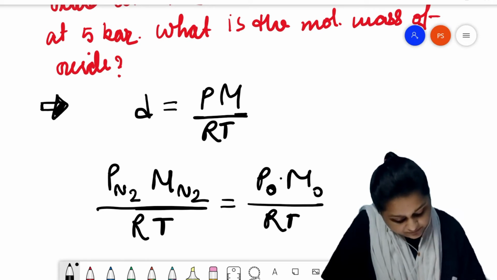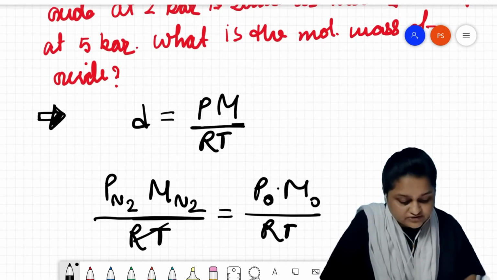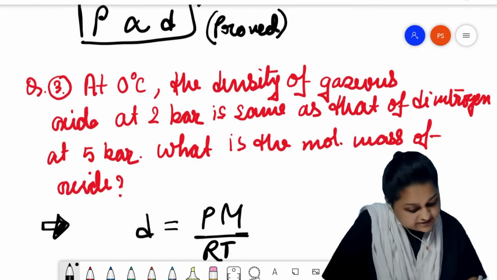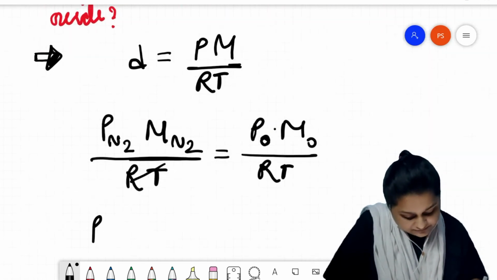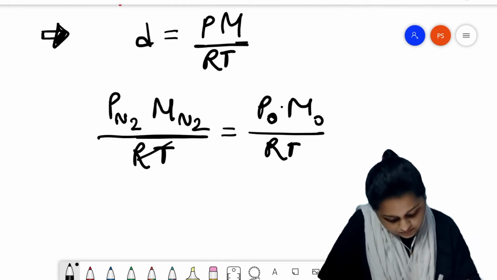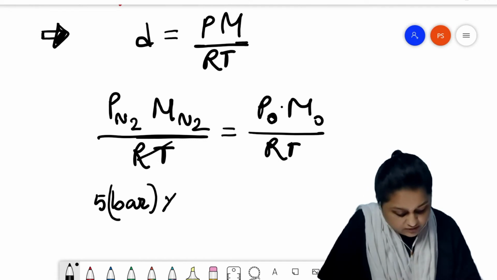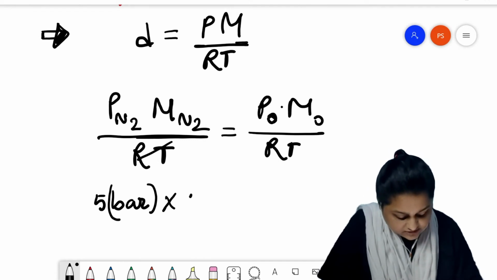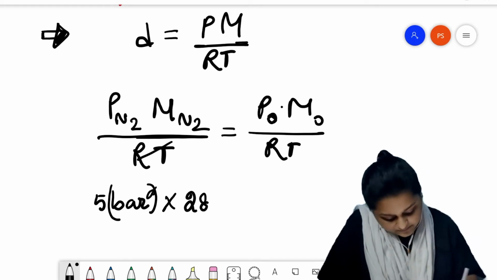Pressure of nitrogen gas at this condition is given as 5 bar. And the molecular mass of dinitrogen is 28 gram per mole.